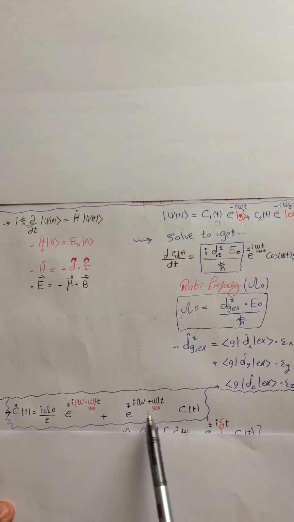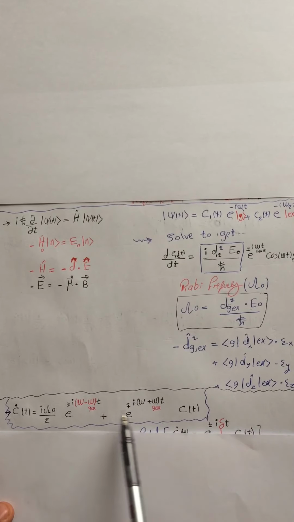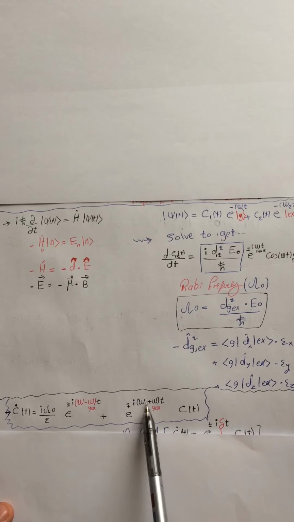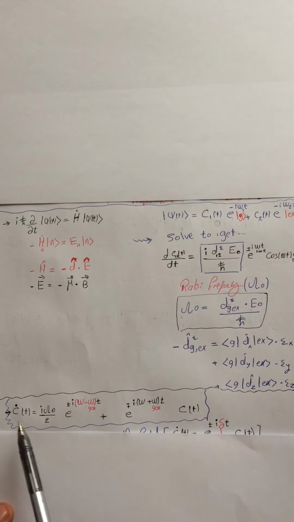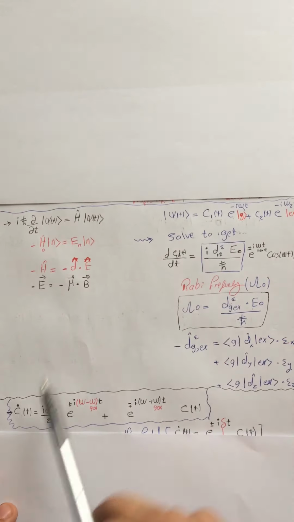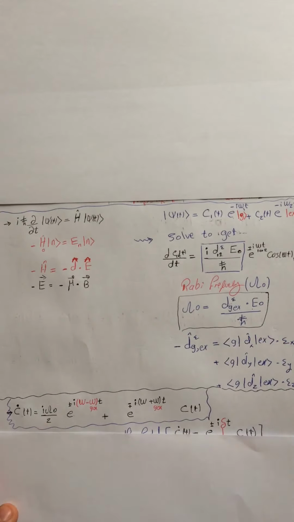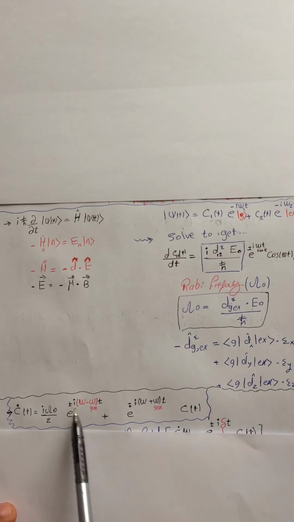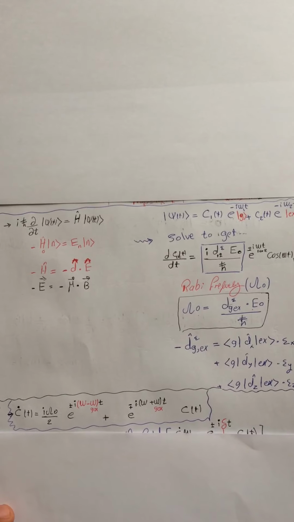With both exponentials here, you find omega minus and omega plus. You have minus and plus. And this differential equation is just for C1, but you have C1 and C2, and I just write down one equation. But you have to make sure that the plus and minus are well adjusted.